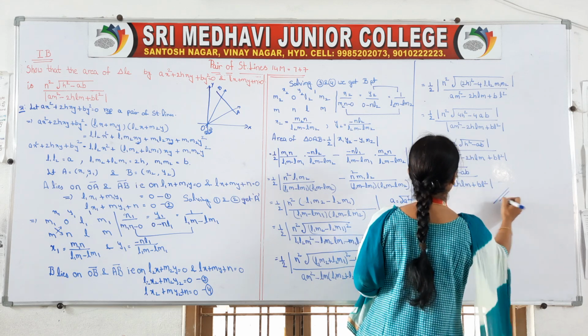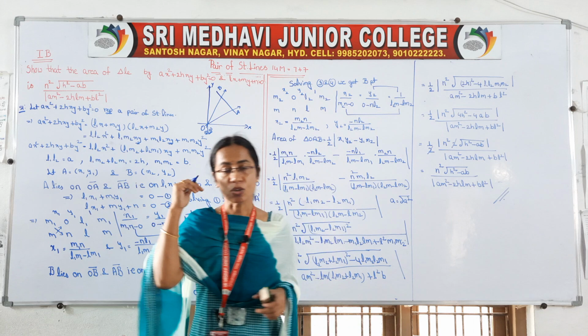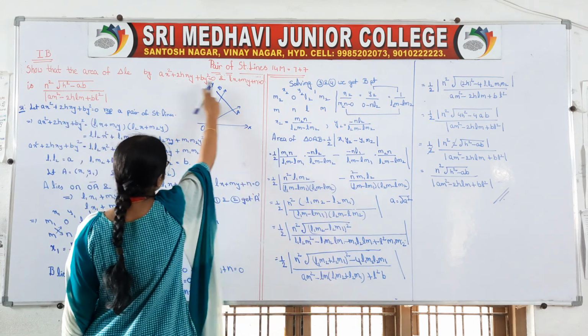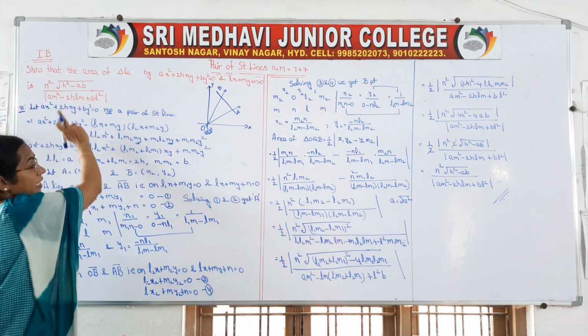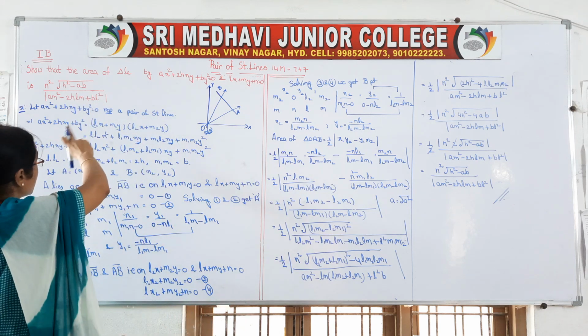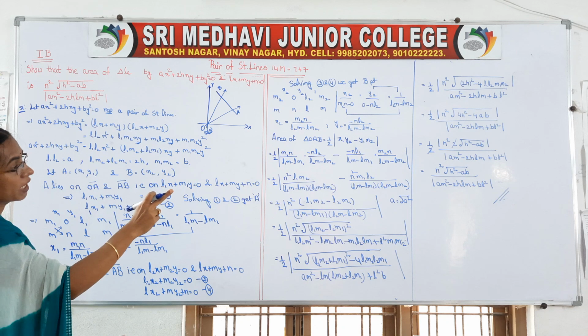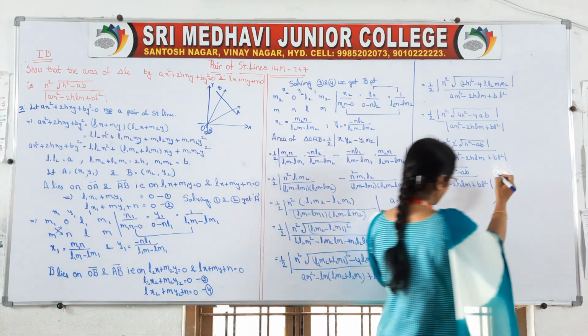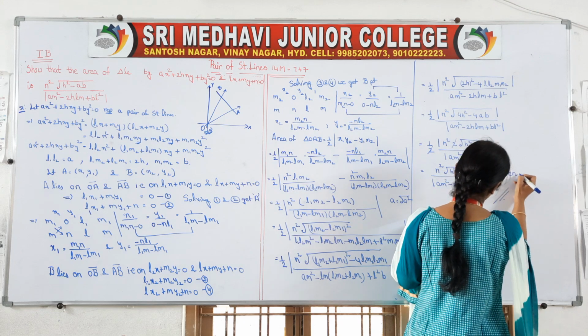Okay, so hence proved. See the question, show that the area of the triangle formed by this and this is equal to n square into root of h square minus ab by am square minus 2hlm plus bl square. So we can write hence proved.